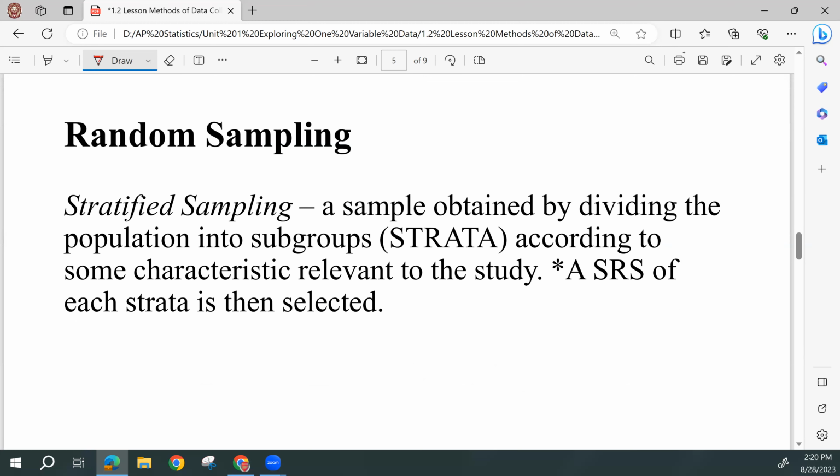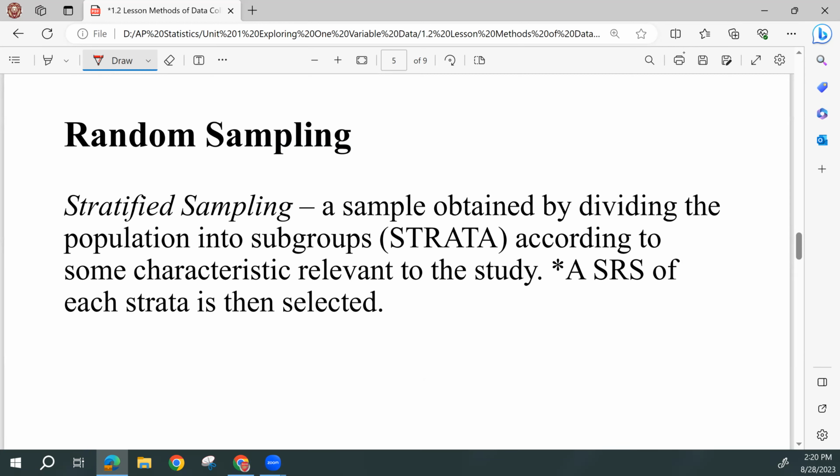A stratified sample is where we have some sort of characteristic in our population that would make us want to break that population up into smaller groups based on that characteristic. So again, we're just going to stick with the student population here. There might be something we're interested in that is your class, so freshman, sophomore, junior, senior.